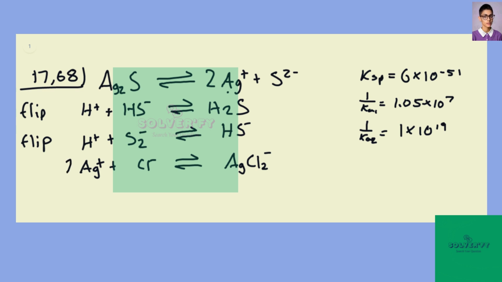So we're going to multiply this reaction times 2. And when we multiply a reaction by 2, we square the K value. So we have Kf squared equals 1.21 times 10 to the 10th power.